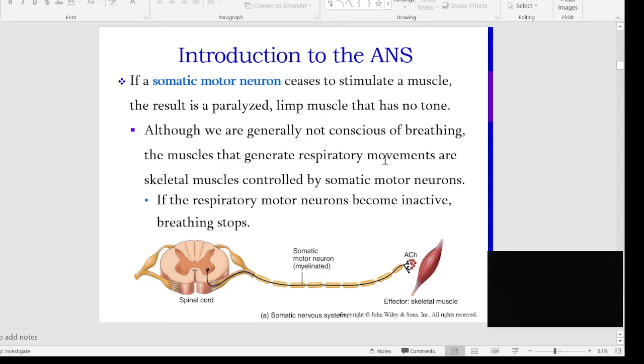But the autonomic is different. Even if you are unconscious, for example, if you are knocked out, you will still breathe. And breathing is involuntary.